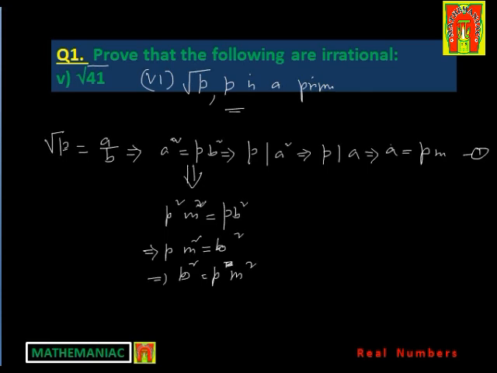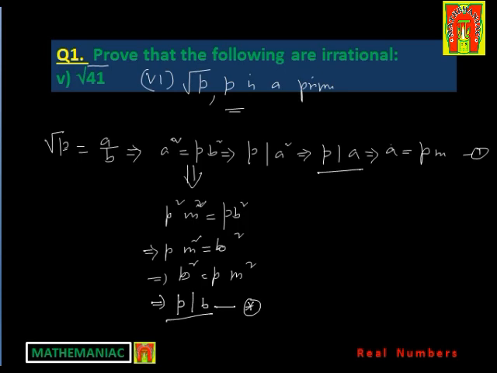This is not square, this should not be there, pm square. Now from here it is comparable, right, like this. So I can use the same logic and say that p divides b. Now you see this and this, p divides a as well as p divides b, right?